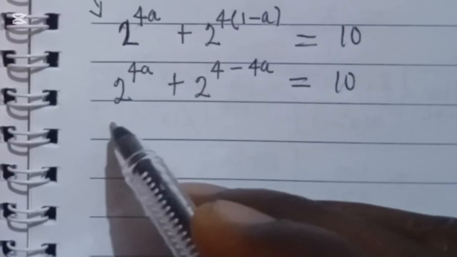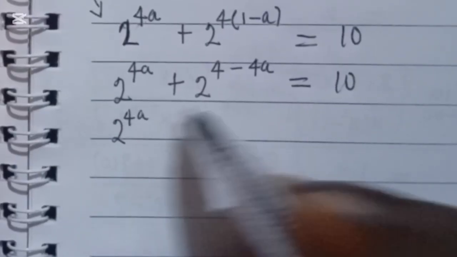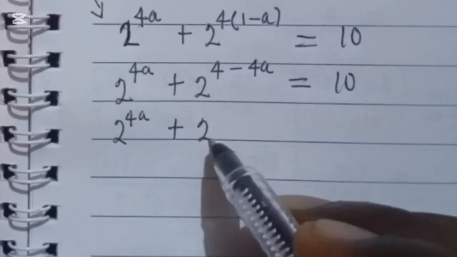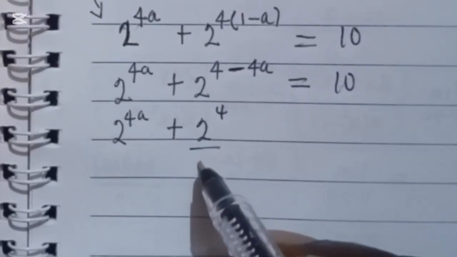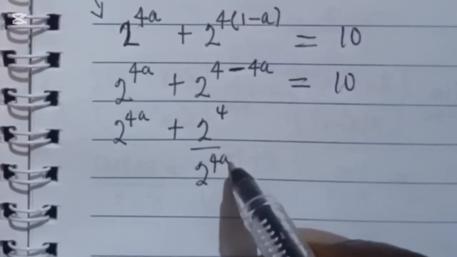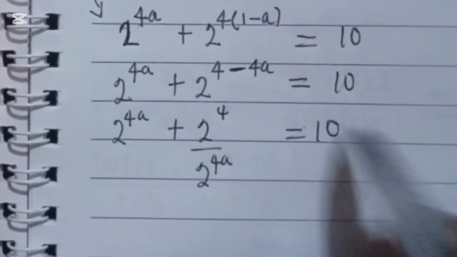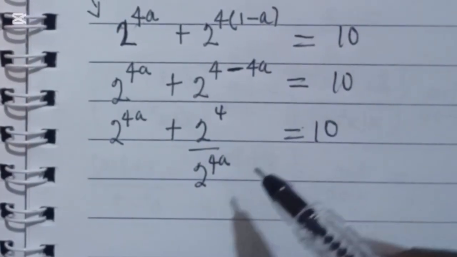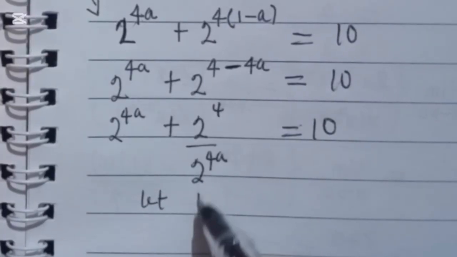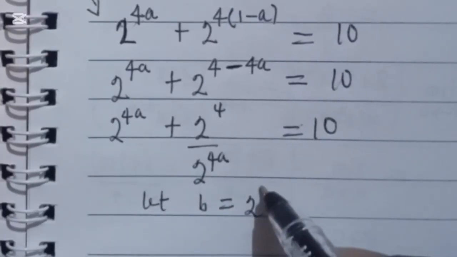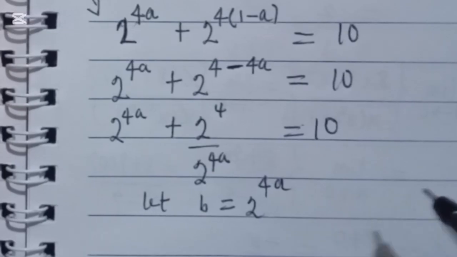So this implies that we have 2 to the power of 4a plus 2 to the power of 4. Because of this negative here, we can write this as 2 to the power of 4a at the bottom, equal to 10. All right. So now we can substitute for the second time and say let b be equal to 2 to the power of 4a.